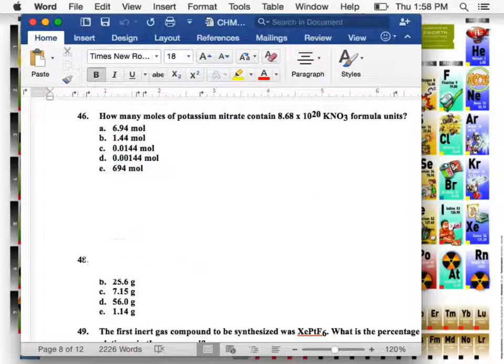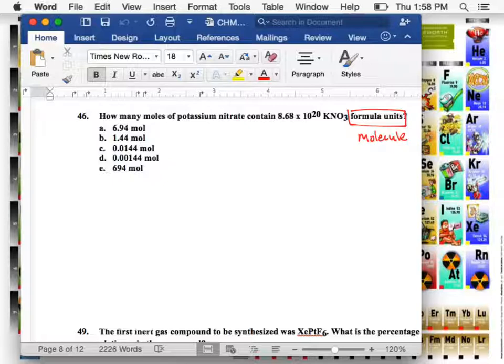How many moles of potassium nitrate contain 8.68 times 10 to the 20th KNO3 formula units? A couple things will get a bit dicey here. Formula units is another fancy way of saying molecules. We have to call it a formula unit because potassium nitrate is an ionic compound.